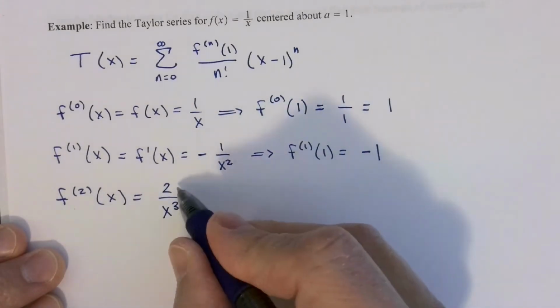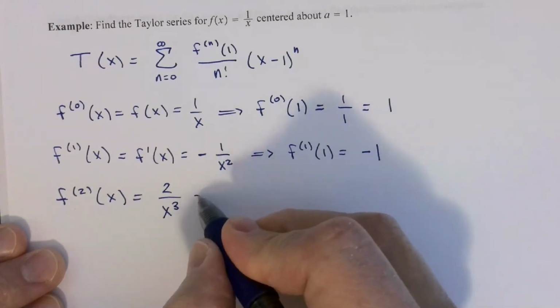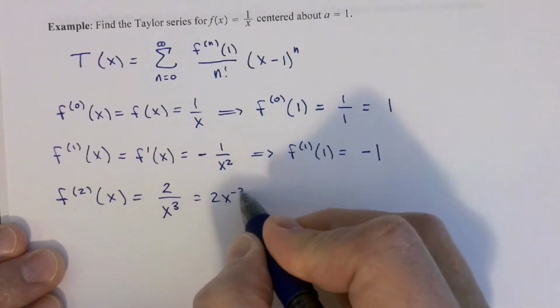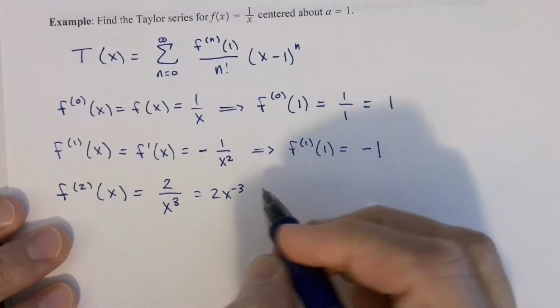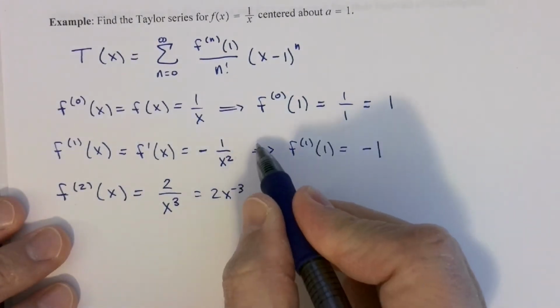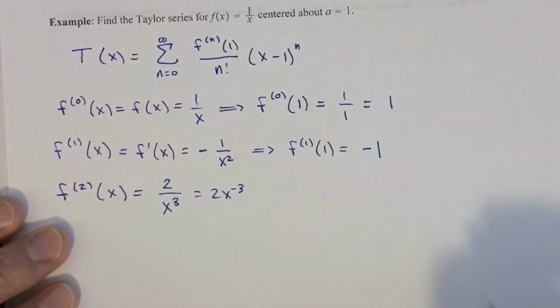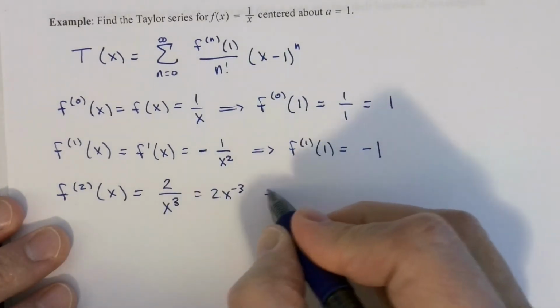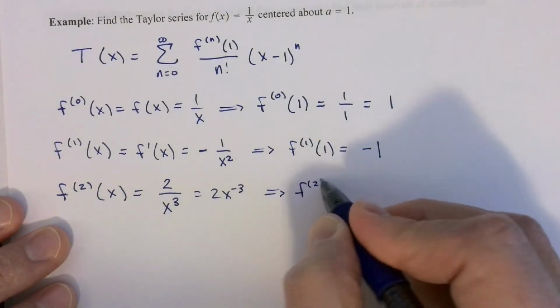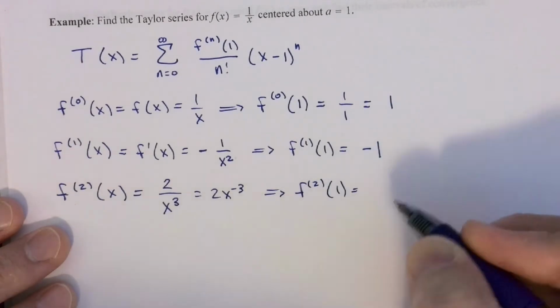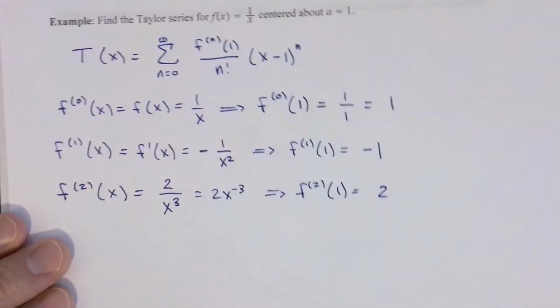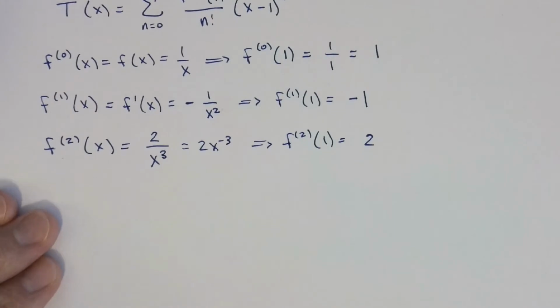So this was negative x to the -2, bring the negative down, makes it +2, subtract 1 by the power rule. So I'm going to use this form here to deduce that the second derivative evaluated at 1 is 2. 2 divided by 1 cubed is 2.